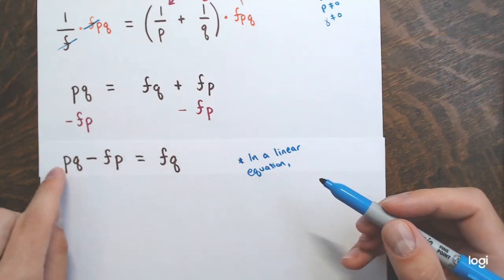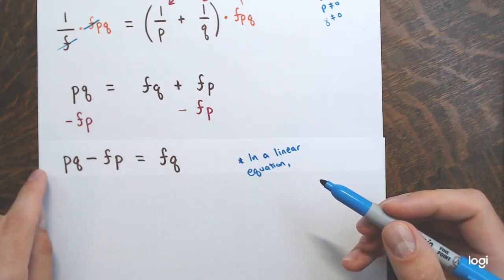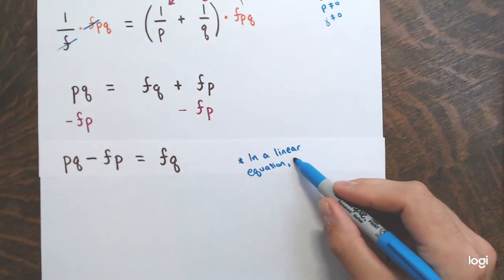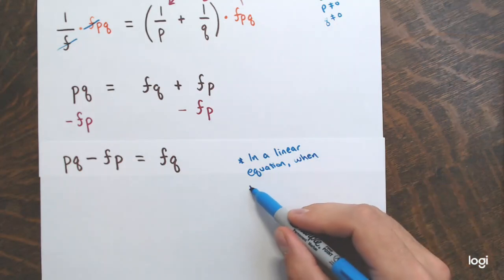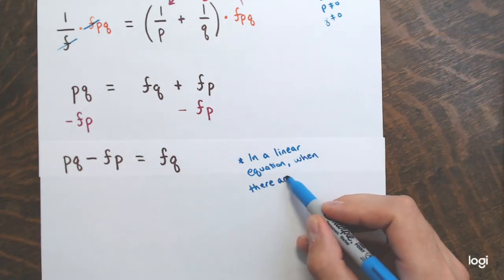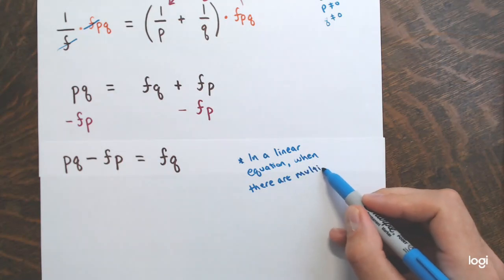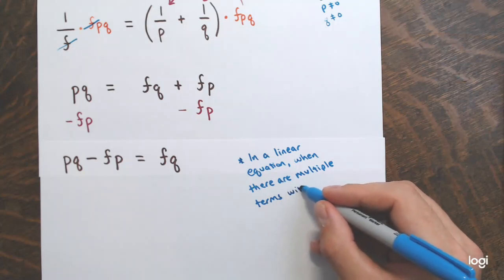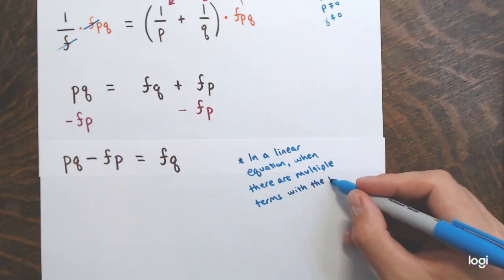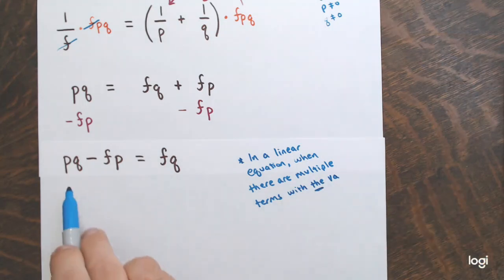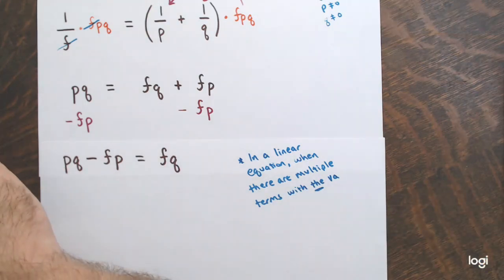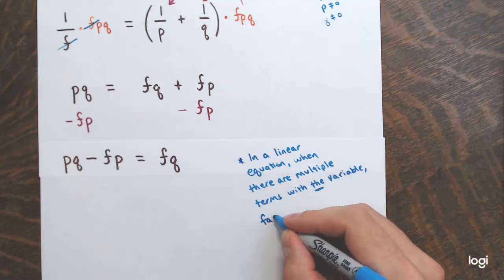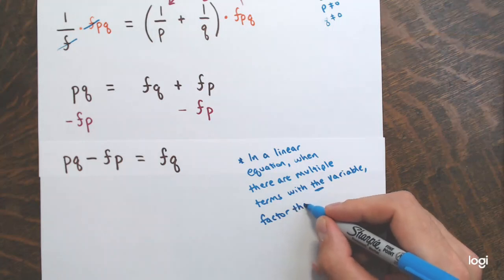When there are multiple terms with the variable, and when I say the variable, that means p here, the one we're trying to solve for, factor that variable out.